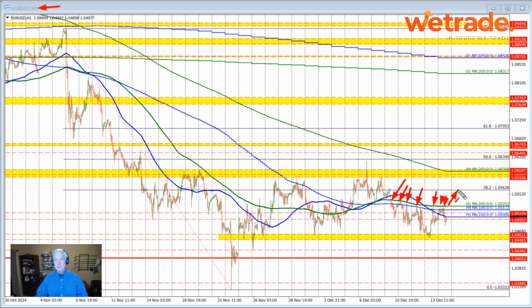If we do move above it, we'll look toward the 38.2% retracement and then up toward the 200-bar moving average on the 4-hour chart, along with this swing area right through here, which comes between 1.05926 and 1.06097. We're going to need to move above the 1.06 level to further increase the bullish bias. Alternatively, as long as the price remains below the 200-hour moving average, the bias remains more to the downside.